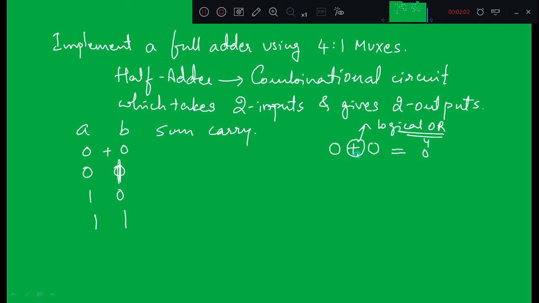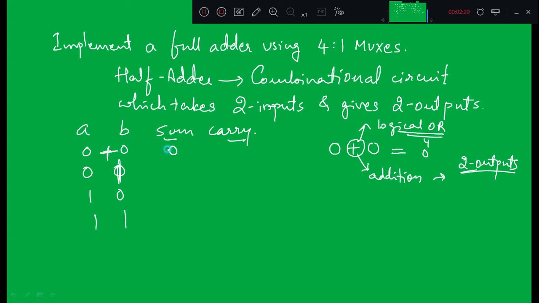But if I call this symbol as addition, then I will be having two outputs, right? Which are those outputs? One is sum, one is carry, right? So now I am considering this plus sign is for addition.